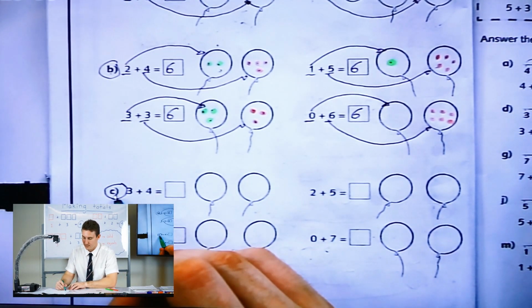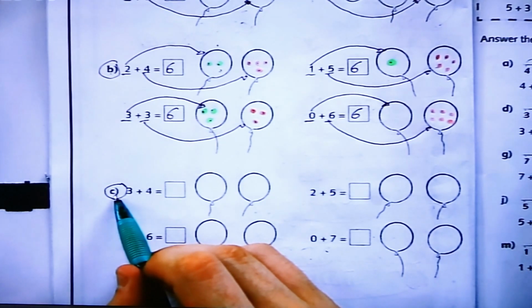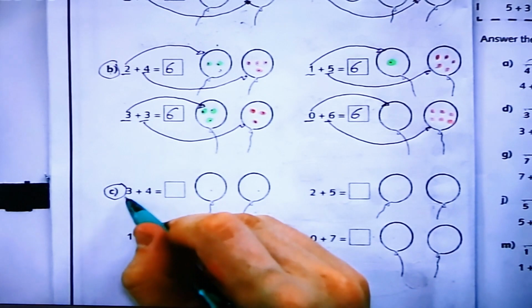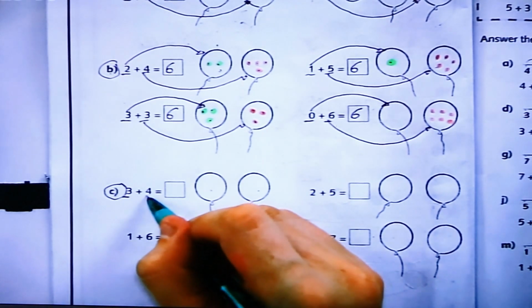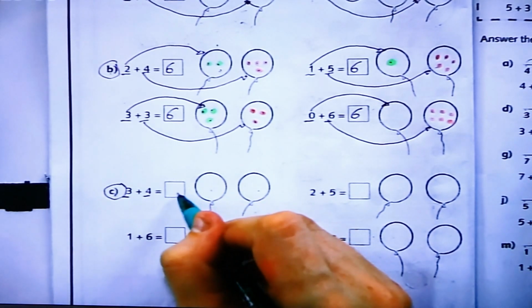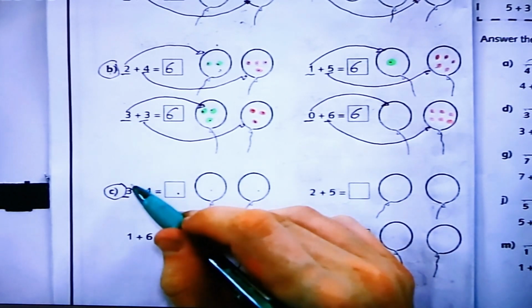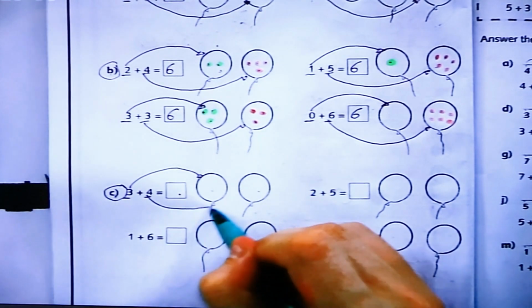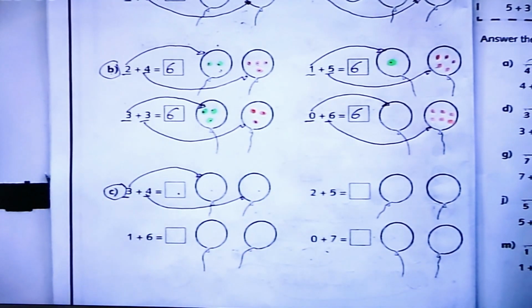Example C. Okay, now I'm going to do it differently. I'm going to start with the balloons. Okay, so 3 plus 4 equals, so let's put 3 spots into the first balloon, 4 spots into the second balloon.